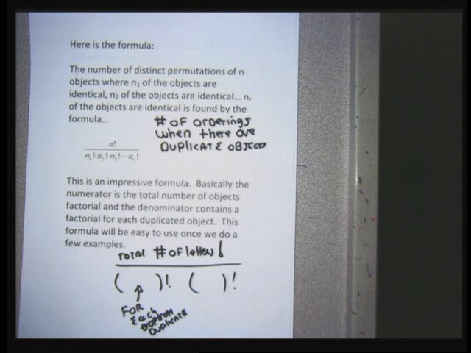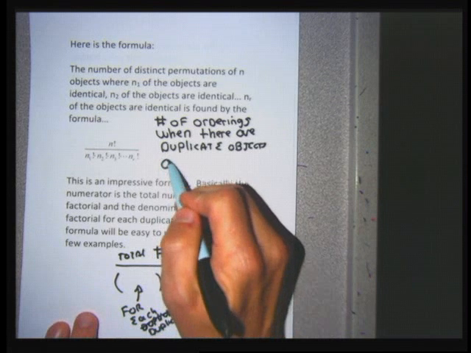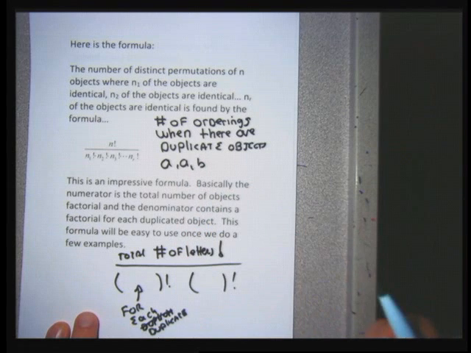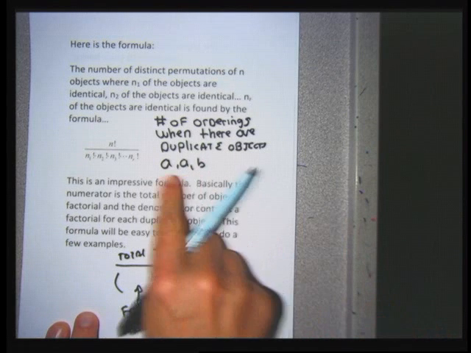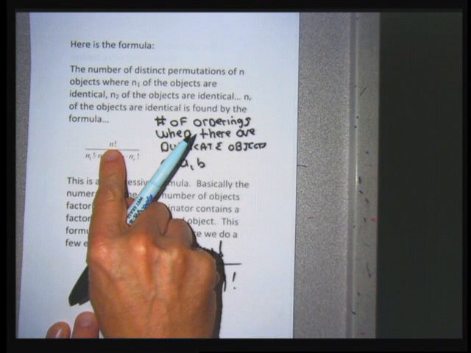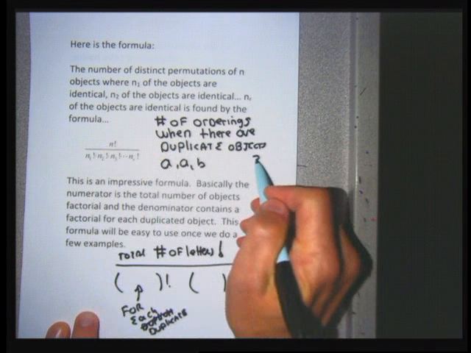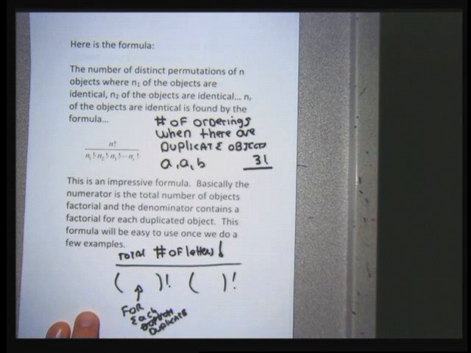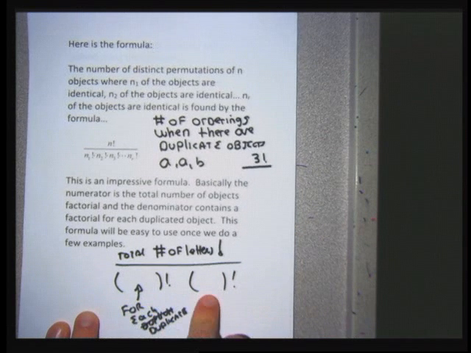So for our problem, we're trying to find out how many ways there are to order A, A, and B. The numerator is going to have the number of letters factorial. In this case, there's 3 letters, so there's going to be 3 factorial in the numerator. The denominator is going to have a separate factorial for each letter that's duplicated, to the number it's duplicated.